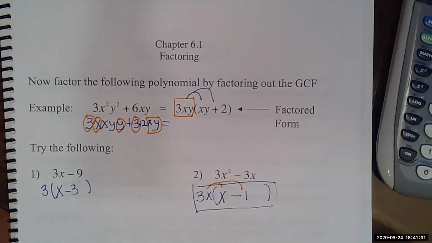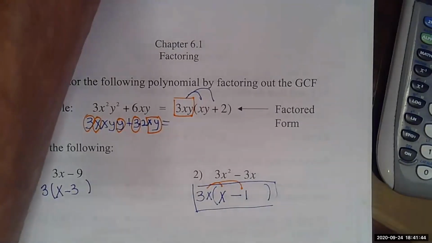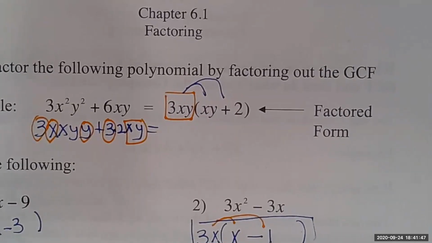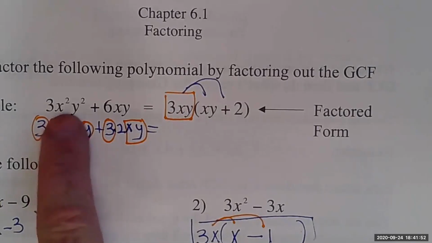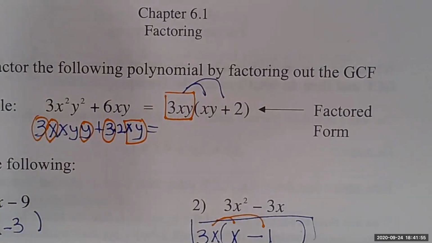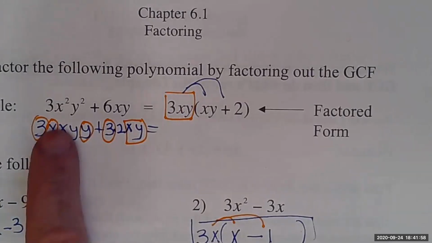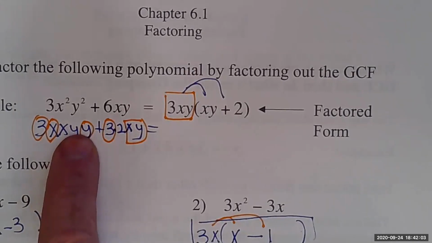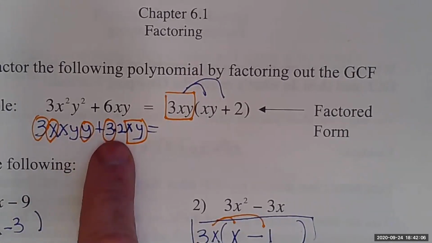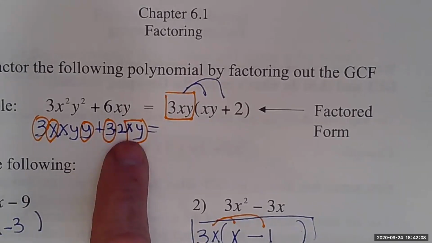So basically what you're doing is, I'm looking at the 3x squared y and 3x squared y squared right there. Then I rewrote it as x times x is x squared, y times y, 6 is 3 times 2 because those are prime numbers, and xy.